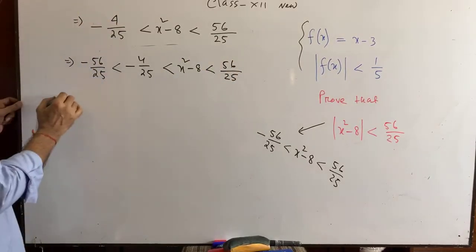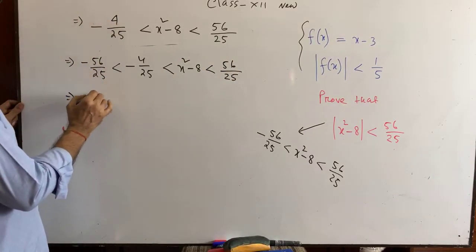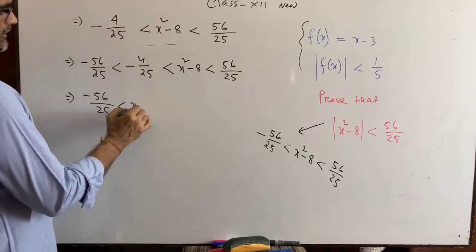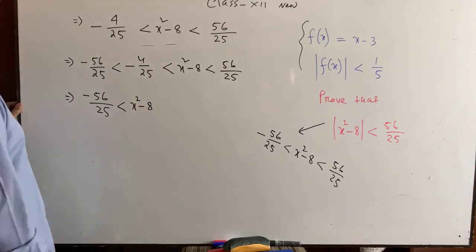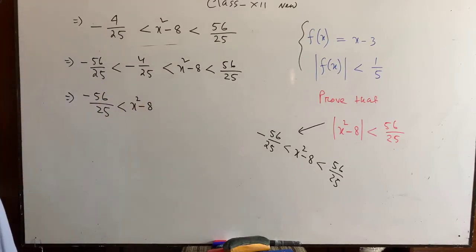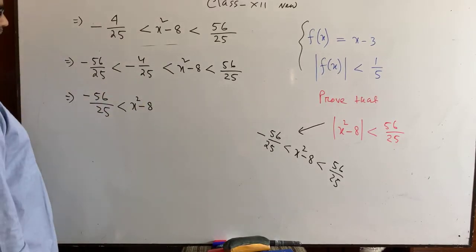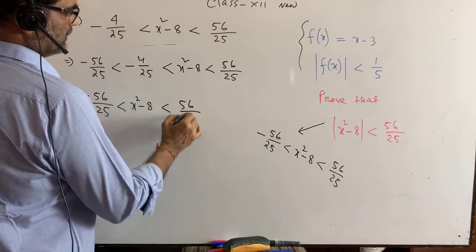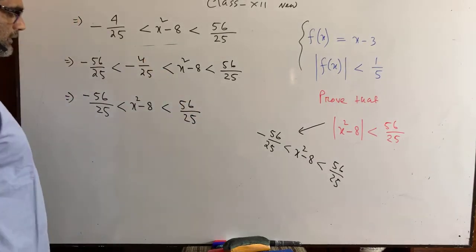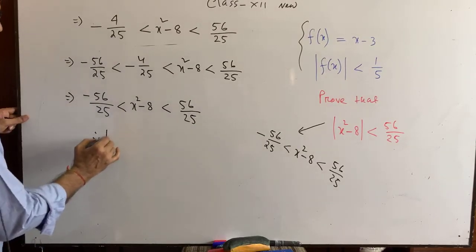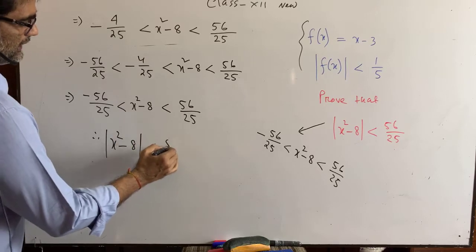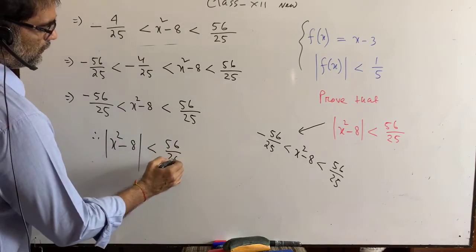From here we can write down minus 56 by 25 less than x square minus 8 less than 56 by 25. So from here we can write x square minus 8 less than 56 by 25.